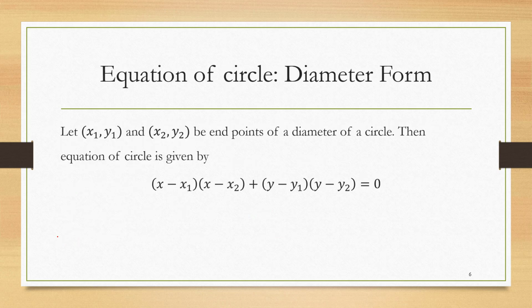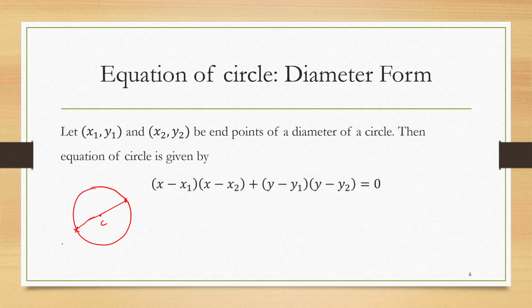Next we will do the equation of a circle in the diameter form. Let (x1, y1) and (x2, y2) be the end points of a diameter of a circle. What is a diameter? A diameter of a circle is any line which passes through the center and touches the circle at 2 points.